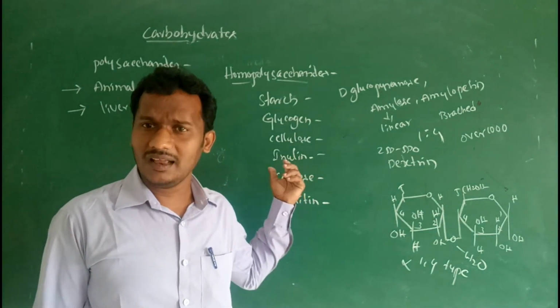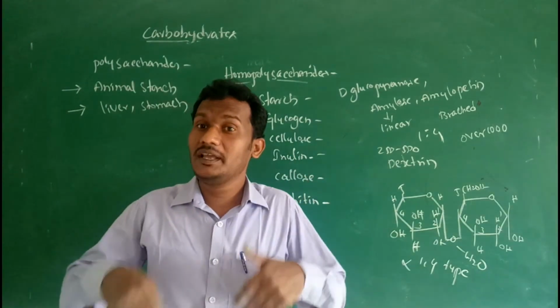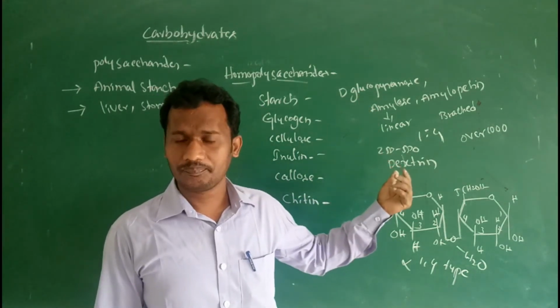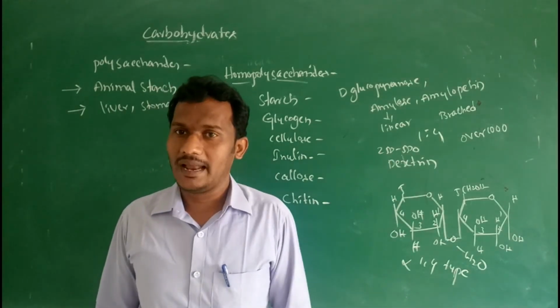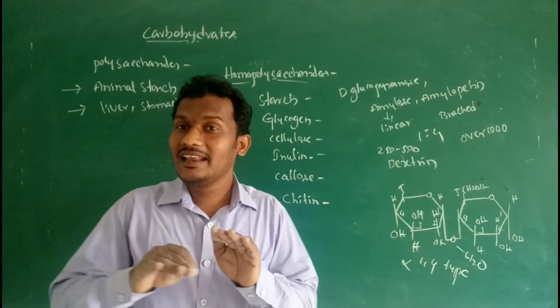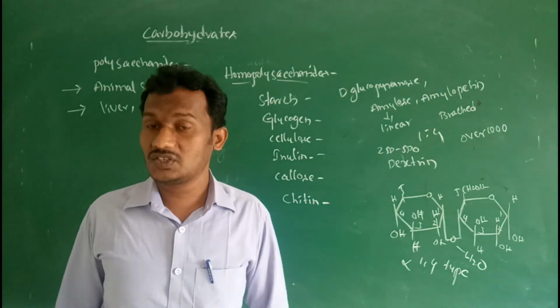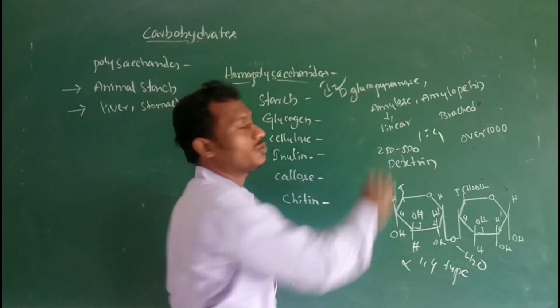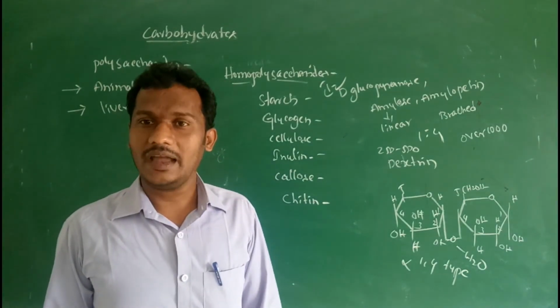It is branched, but more extensively branched than amylopectin. In starch, amylopectin is branched, with helical branches. Due to these helical branches, starch can bind the I2 molecule, that means iodine.